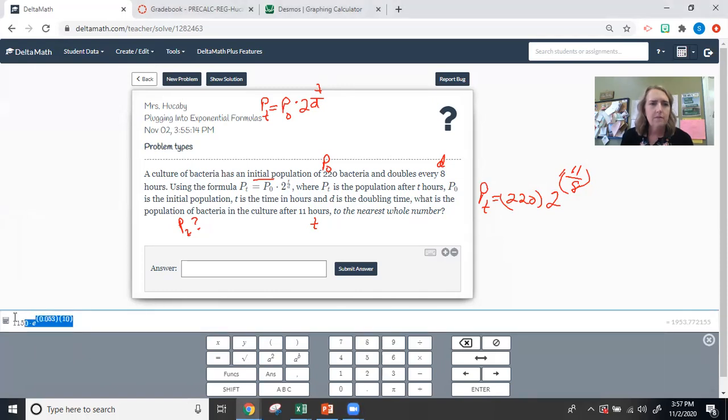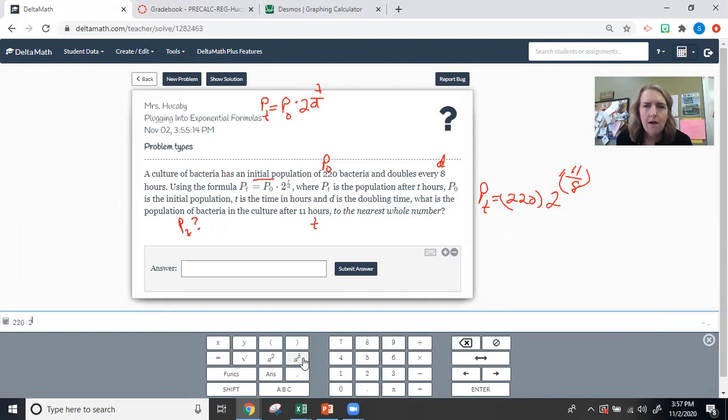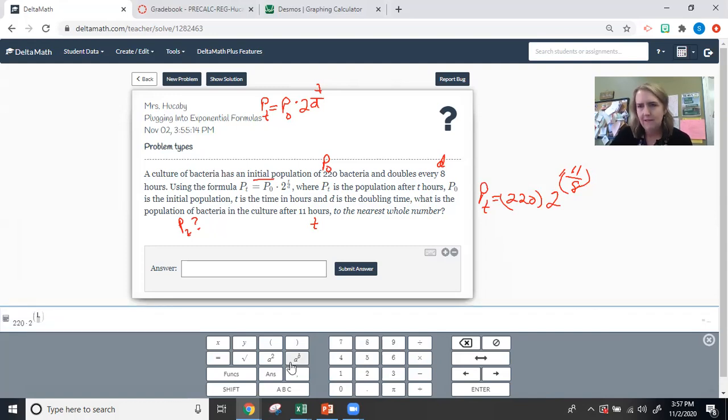So I'm going to delete that. And 220, I'm going to multiply that by 2. I need exponent. And then, I don't know if you have to do it in parentheses, but sometimes I like to. I'm going to do my slash so that I can get it in fraction form.